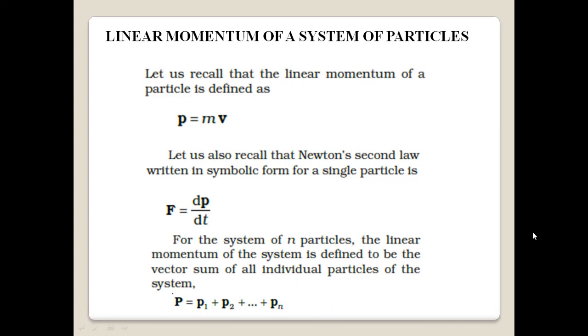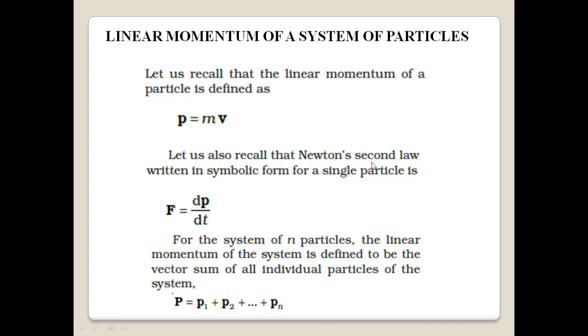Next is linear momentum of a system of particles. We know that linear momentum is mass into velocity, and linear momentum is a vector denoted by the letter p. And here on the right side, velocity is a vector denoted by v. So p vector is equal to m into v vector.